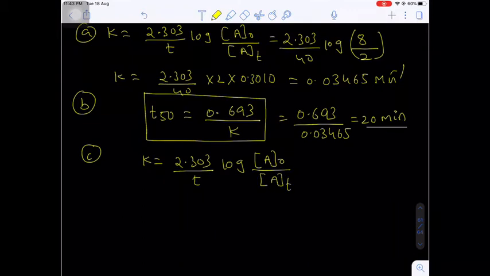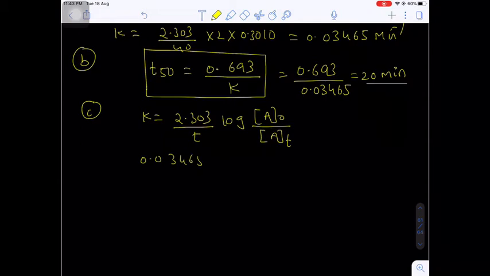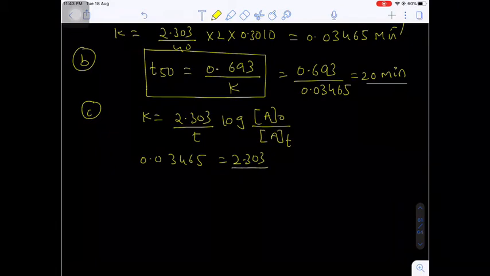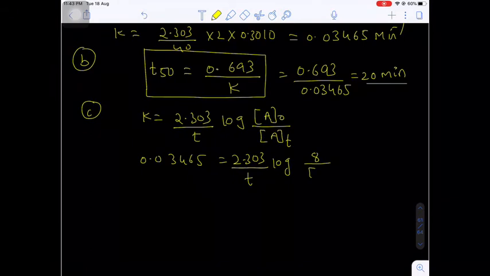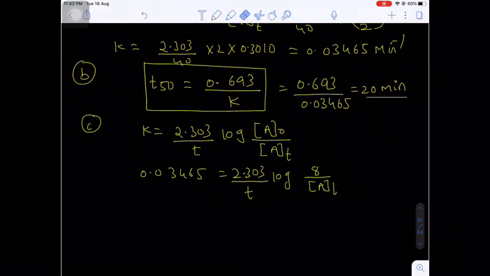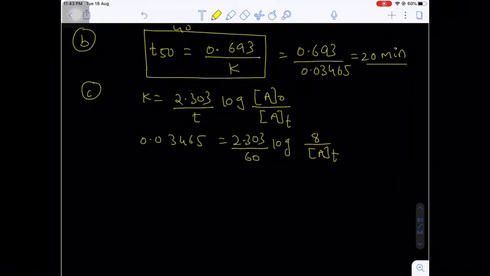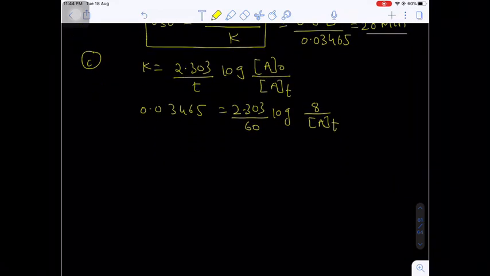Now what is the K value here given? 0.03465 is equal to 2.303 divided by T. We have to find out log of initial concentration 8 molar and concentration of a reactant at a time interval. After 60 minutes, so time is given here. Are you getting my point?